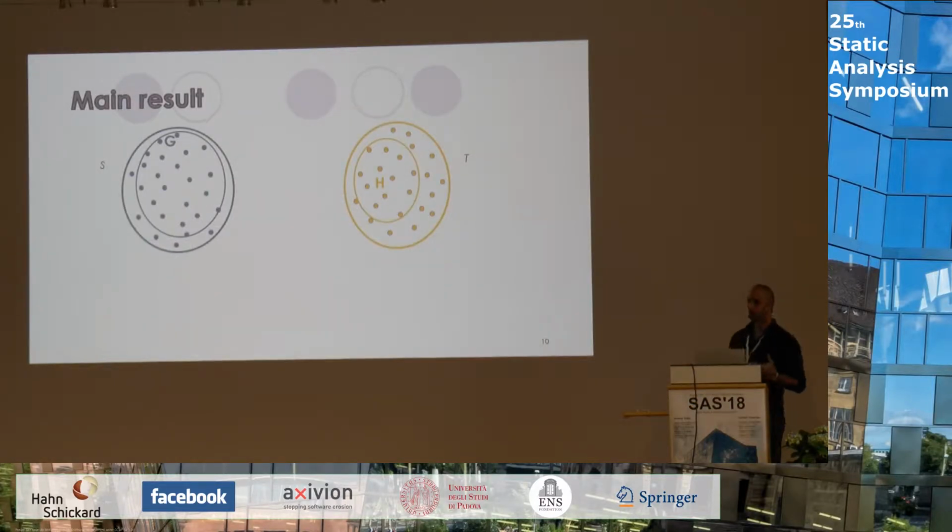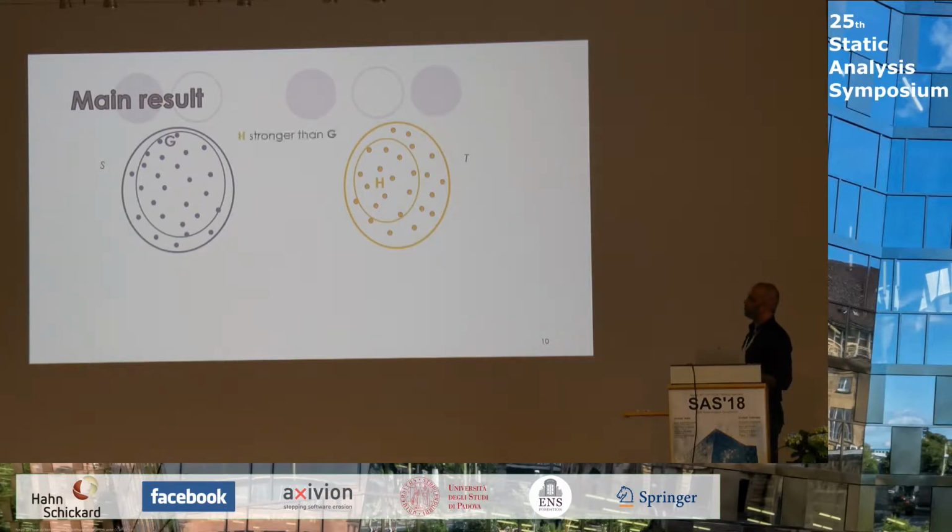The main result that we show in this paper can be informally described as this. We have a target program T, a source program S, an inductive invariant on the target H, which we computed with some abstract domain, and we also have some invariant on the source program G, computed using the same abstract domain.